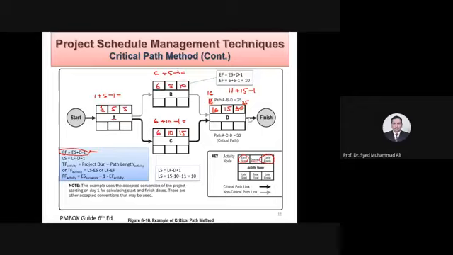Because not 25 days. Okay, now let us do something else step by step. This lower portion, we have not touched on that. So this is the late start. You have decided to start the project on when?